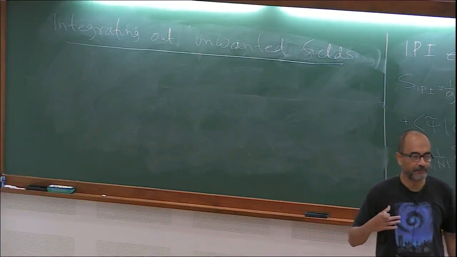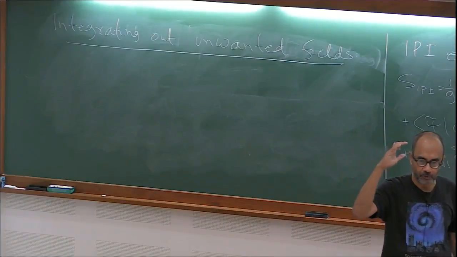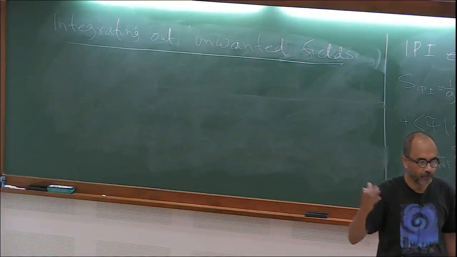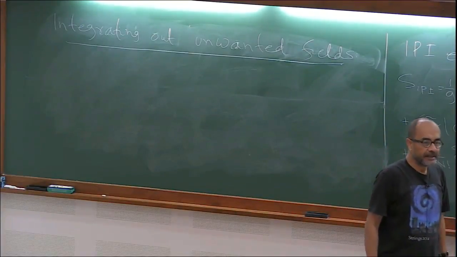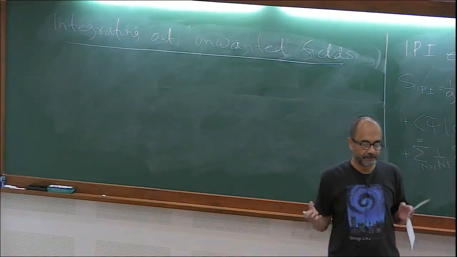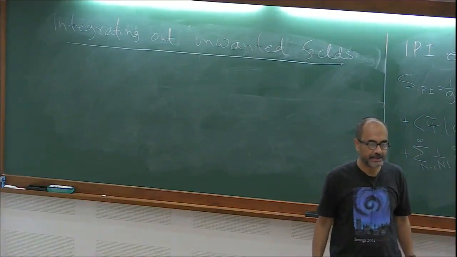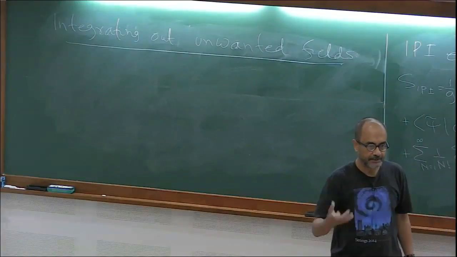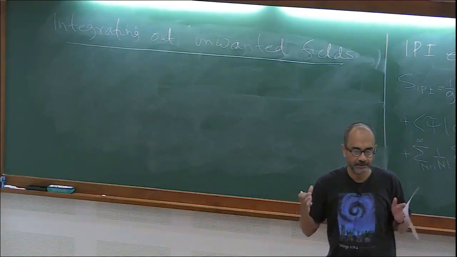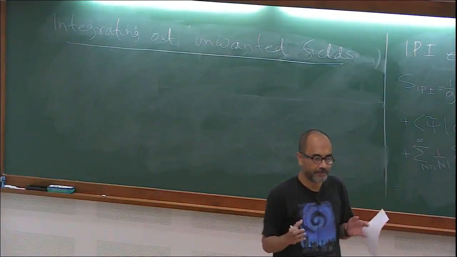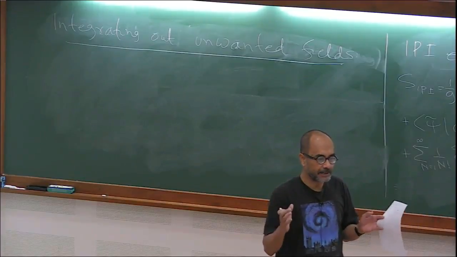For example, a very heavy string state you will never produce; it's just kinematically impossible. In some cases, it may be impossible to produce certain states just by charge conservation. So in any given scattering process, you expect that only a certain finite set of states will be involved.